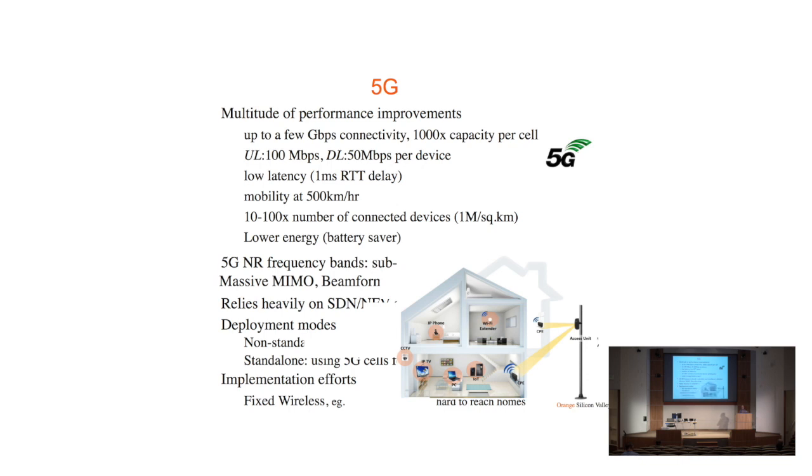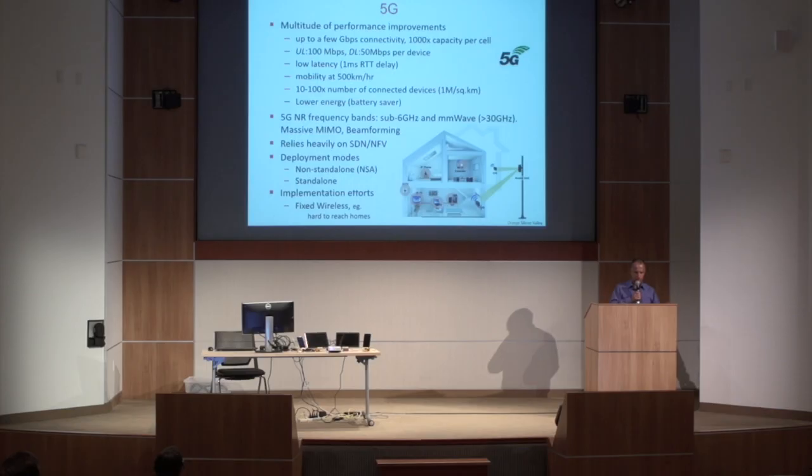So today, just to give you an idea, they're just deploying the NSA. So the radio access network is 5G, but the mobile core is still using the old 4G technology. In terms of implementation efforts, what's happening today is a lot of talk about fixed wireless broadband.